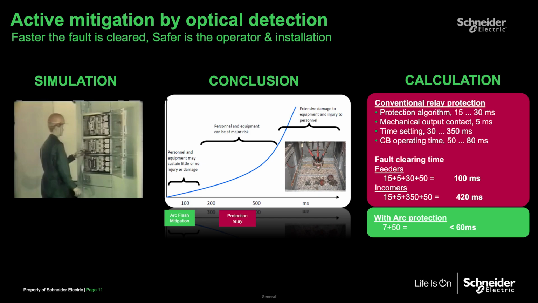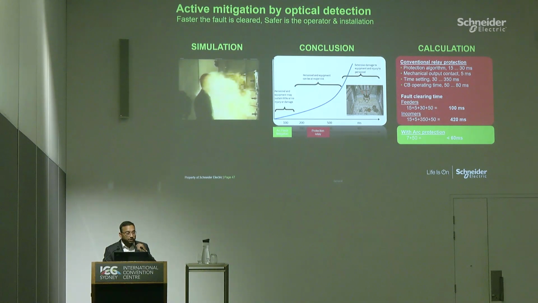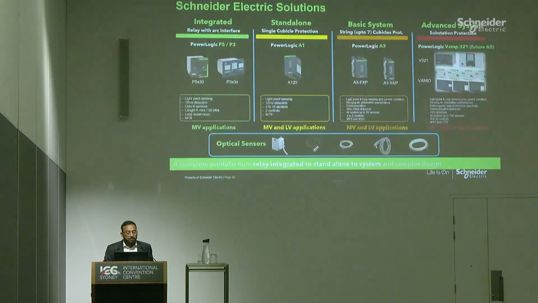And with this, what we have concluded in the calculation is, if you have to make sure that both the equipment and the personal life is secured, you have to ensure that everything is done within 100 milliseconds, including the operation time of the circuit breaker, which is typically 60 to 80 milliseconds. That means I have to operate the magic of arc flash mitigation within that 10 to 15 or 20 millisecond bracket, for which Schneider has an answer.